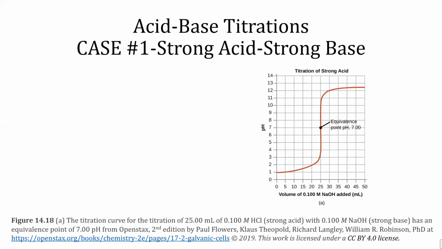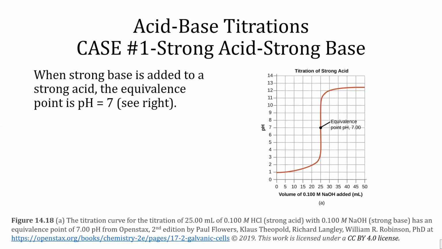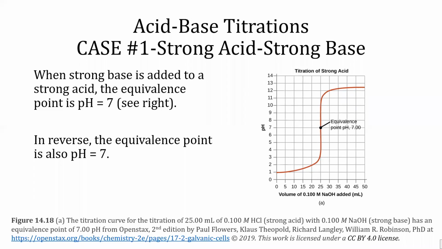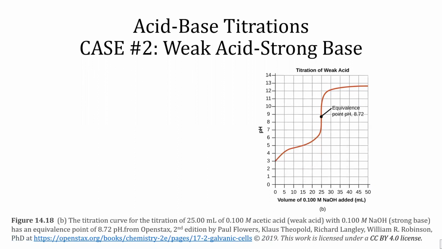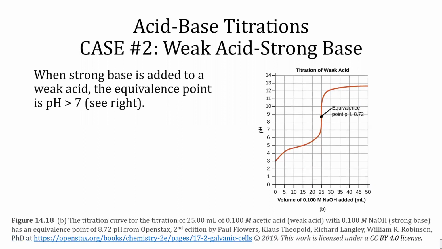In a strong acid, strong base titration, when strong base is added to a strong acid, the equivalence point is pH equaling 7. In reverse, the equivalence point is also pH equaling 7. In a weak acid, strong base titration, when strong base is added to a weak acid, the equivalence point is pH greater than 7.